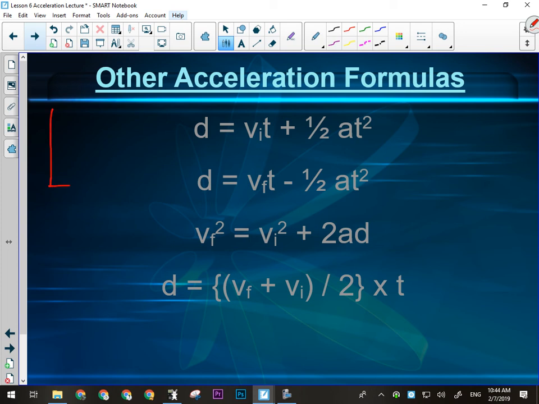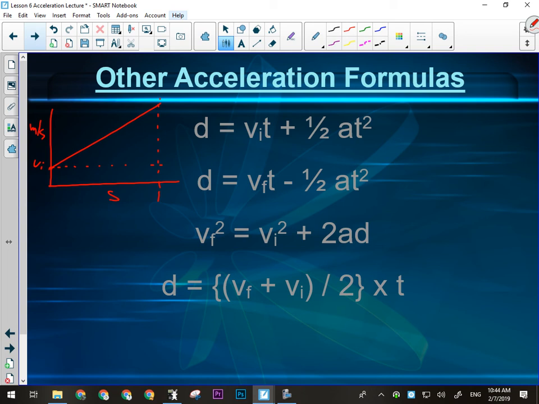That formula also comes from a velocity versus time graph. If I've got meters per second here and seconds here, how do I get displacement off of a velocity versus time graph? Anyone remember? Find the areas of the shapes. There's 2 shapes here. This value right here would be VI.